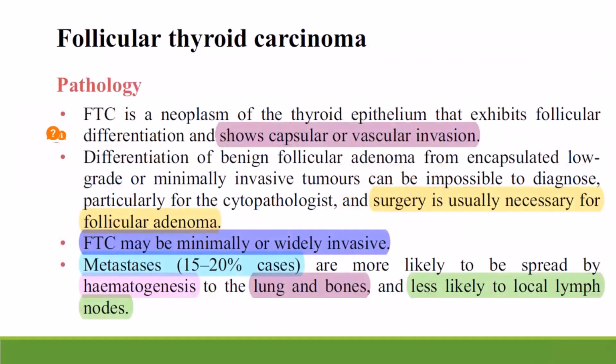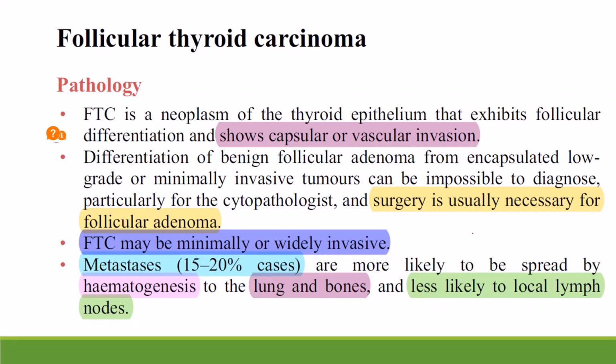Follicular thyroid carcinoma, this is a neoplasia. This is the second most common thyroid cancer after papillary thyroid cancer. It may show capsular or vascular invasion. Surgery is usually necessary for follicular adenoma, but to differentiate, is it adenoma or carcinoma? Follicular thyroid carcinoma may be minimally or widely invasive. Metastasis occurs in about 20% of cases, usually hematogenous.